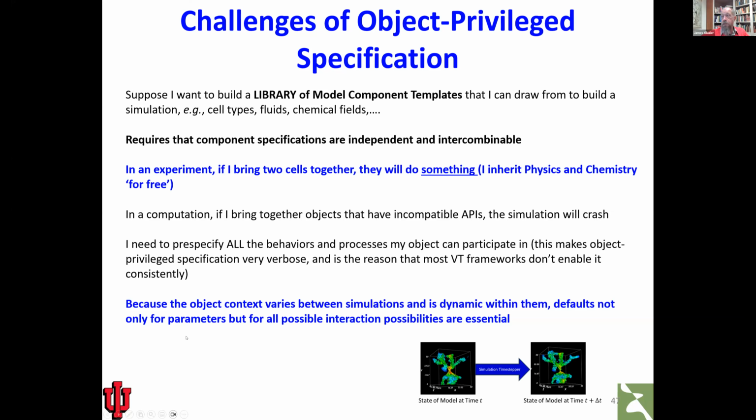Something that we do need is defaults. If you are expecting certain information that's not available, you have to know what to do. And so you want to make sure that all of those defaults are built into your system.